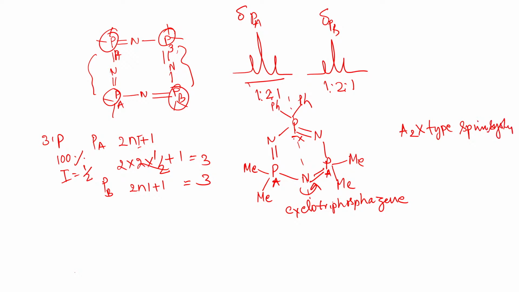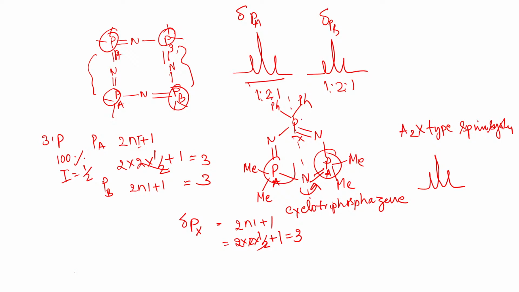Now this one would couple with these two equally, and the number is 2. If you use the rule, this is for PX, so 3 lines will be there. And now these two would be coupling with this one, only one is there.